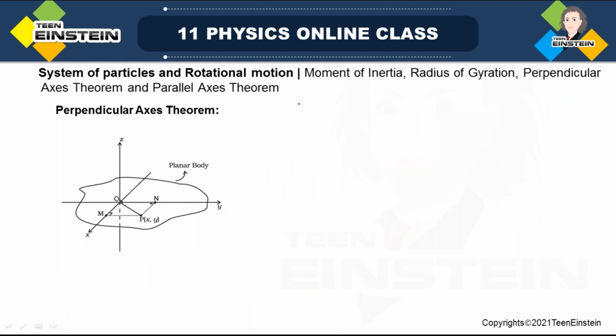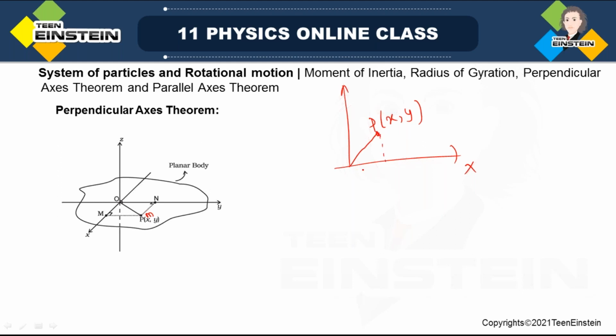Now let us prove this. To prove it, let us think that this particular lamina is constituted by many tiny particles, and let us consider one such particle of small mass m at this particular position P, which has coordinates x and y in the x-y plane.